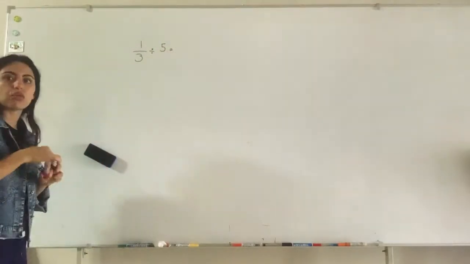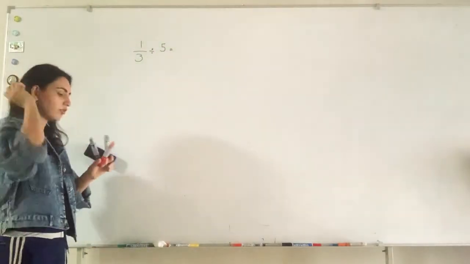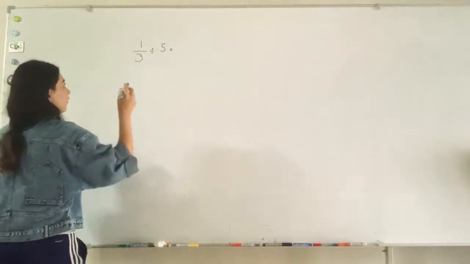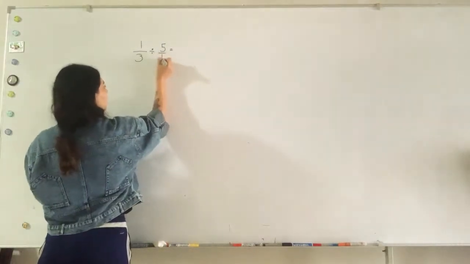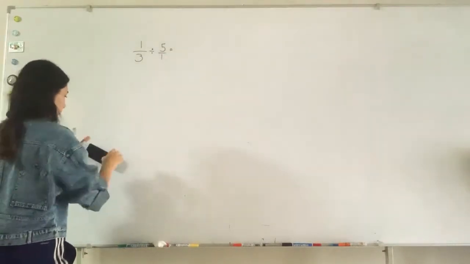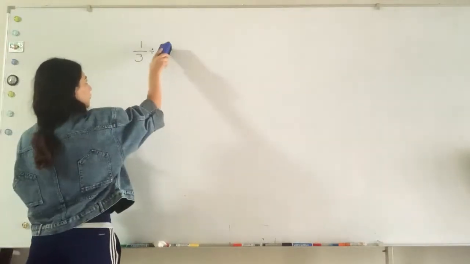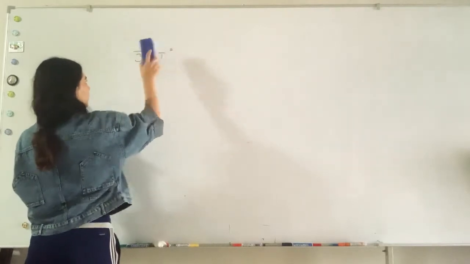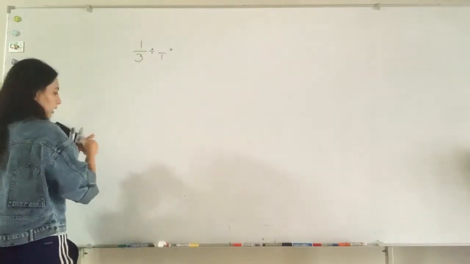Okay, this is division. So now this is different. So I give my denominator as 1, okay? But let me choose a different color for my number 5. I give red.